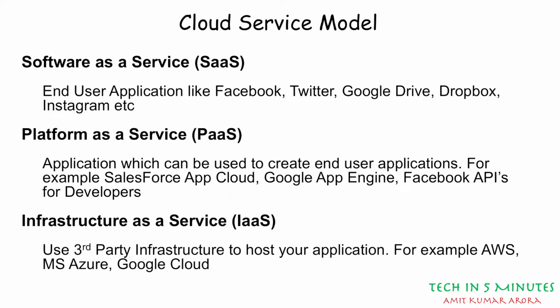Same is the case with other service providers. For example, Google, Dropbox, Instagram, they all give you some kind of layer to develop your own application and integrate with them. Last is infrastructure as a service.